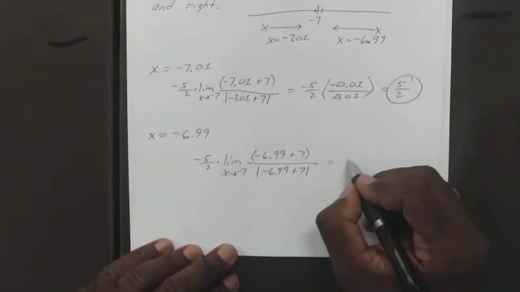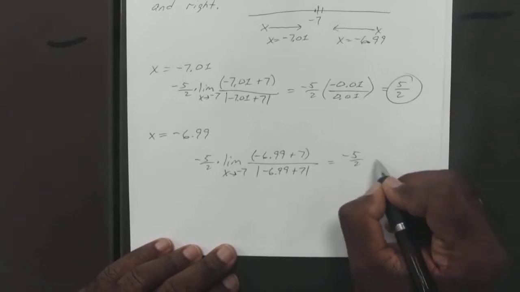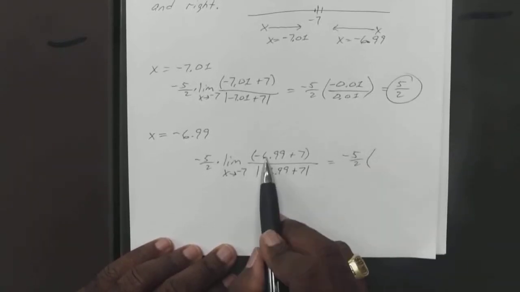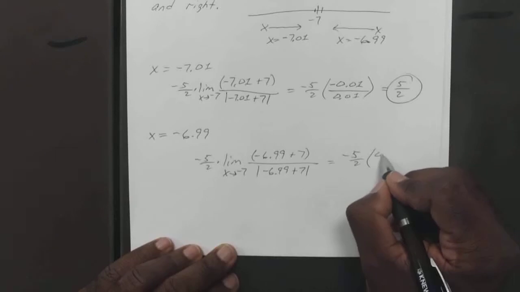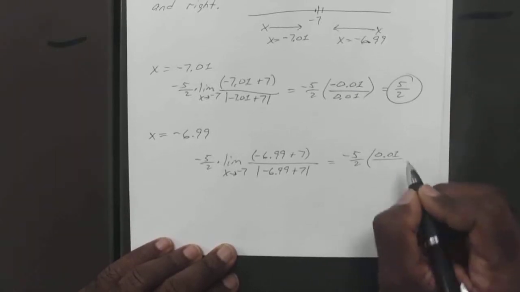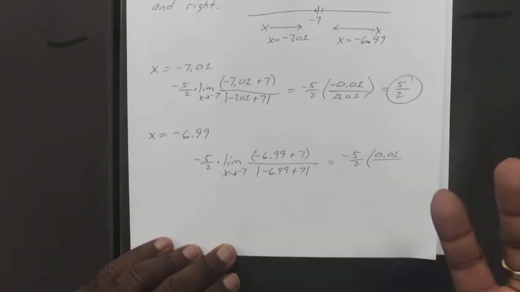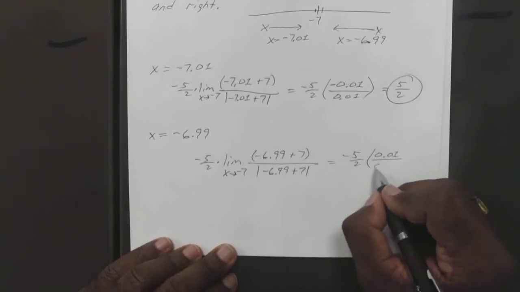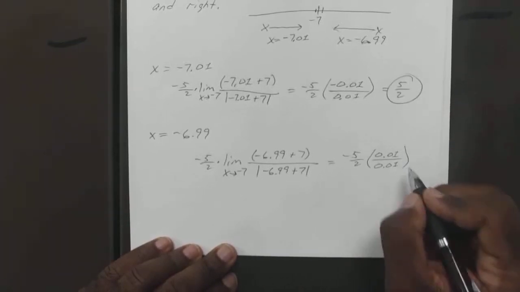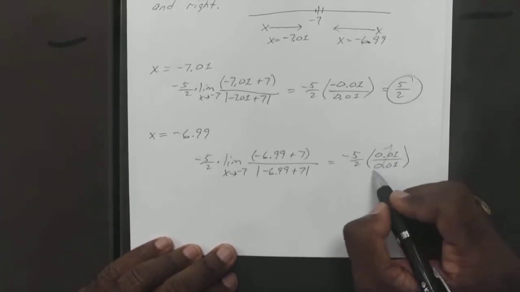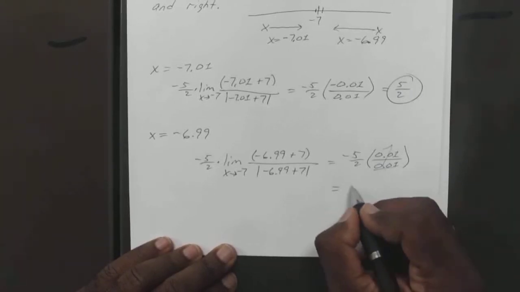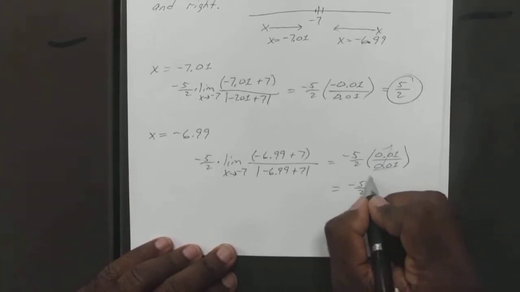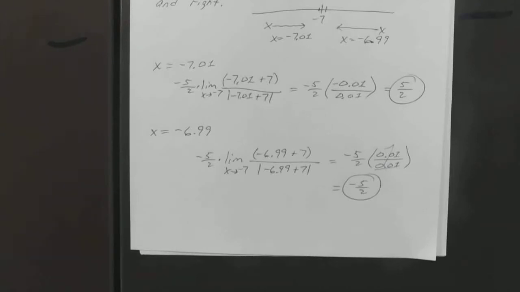That's going to equal negative 5 over 2. Negative 6.99 plus 7 is positive 0.01, and the absolute value of that is also positive 0.01. So anything divided by itself is going to be 1. That gives us an answer of negative 5 over 2.